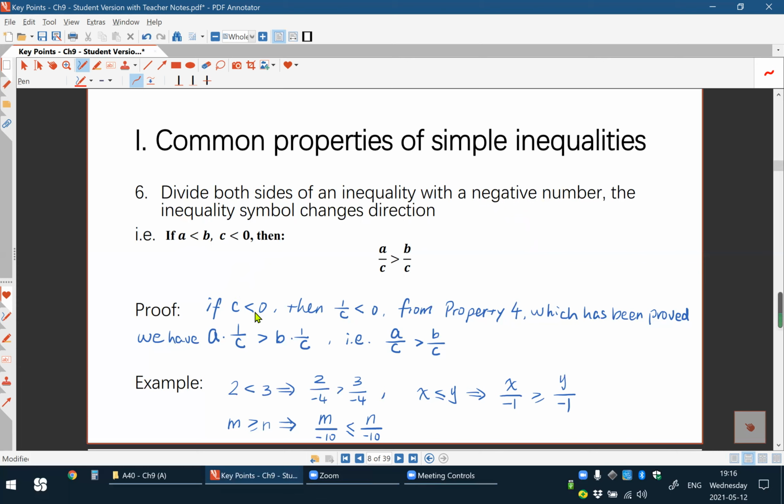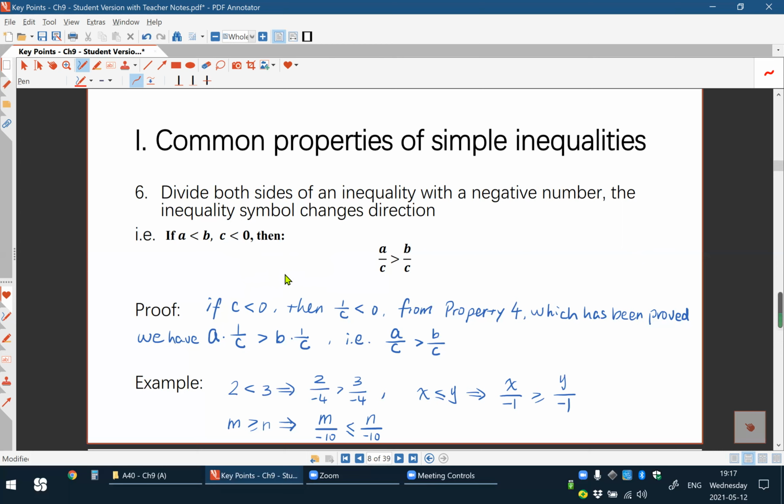If c is smaller than 0, then 1 over c must also be a negative number, right? From property 4, which has been proved, we have a times 1 over c is greater than b times 1 over c, right? Because property 4 tells us that if we multiply both sides of the original inequality by a negative number, the inequality symbol changes direction.